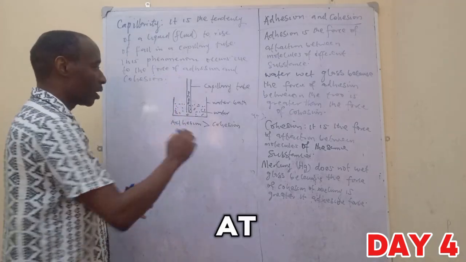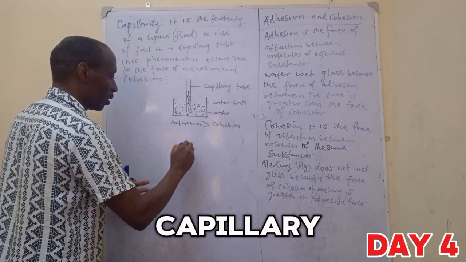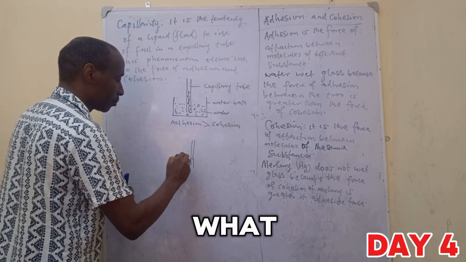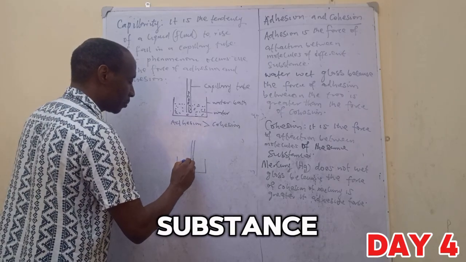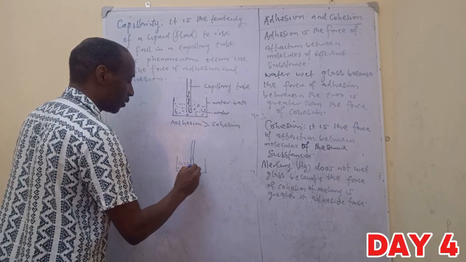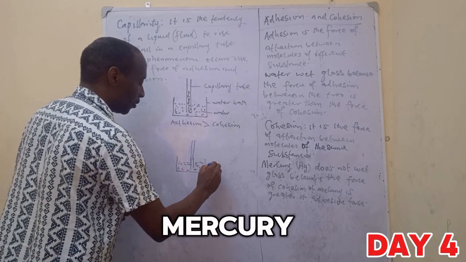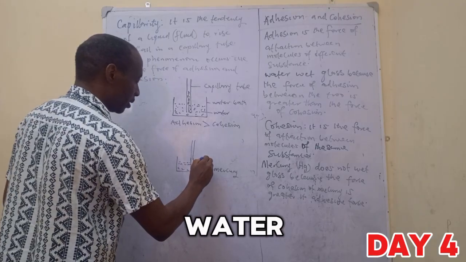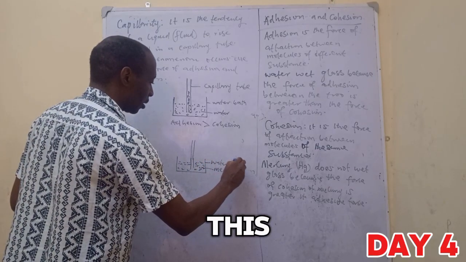Then you look at mercury. If you have the same container, a capillary tube here, then a bath here, and this is mercury. Then this is a capillary tube.